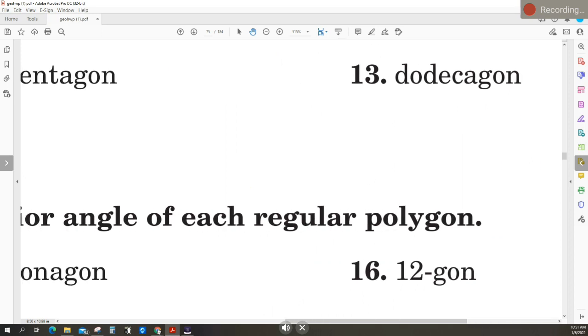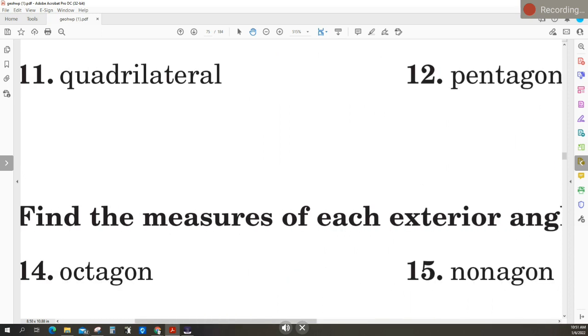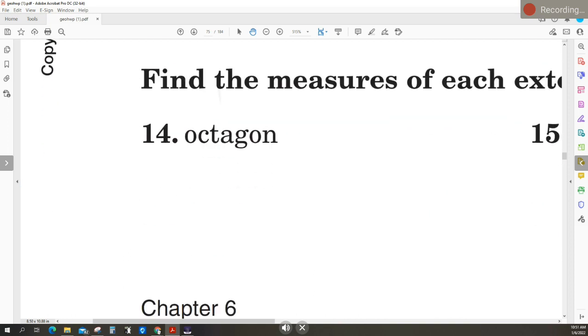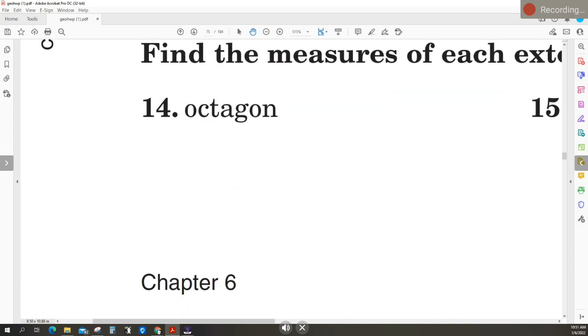So, if I have a regular octagon, how many sides is that? 8. How many internal angles? 8. So guess how many external angles? 8. And guess what those external angles add up to? They add up to 360, because every single shape's exterior angles add up to 360.